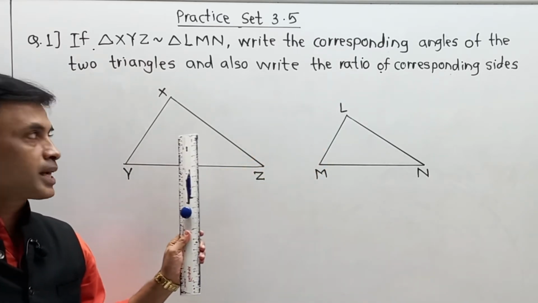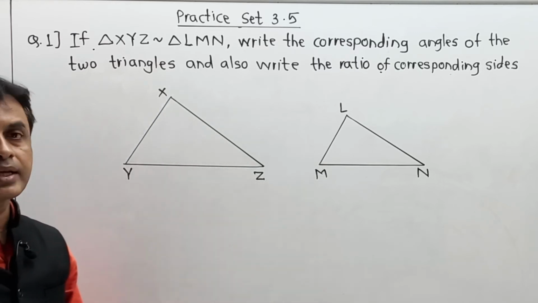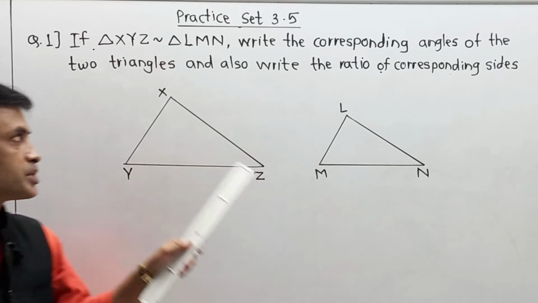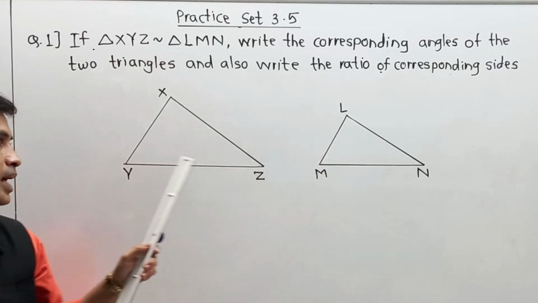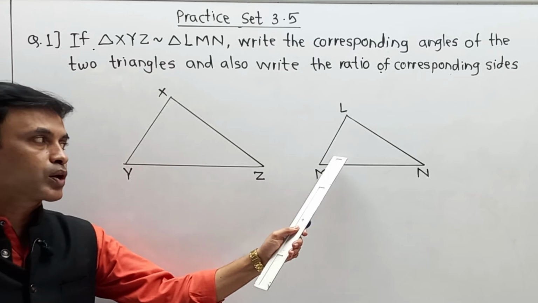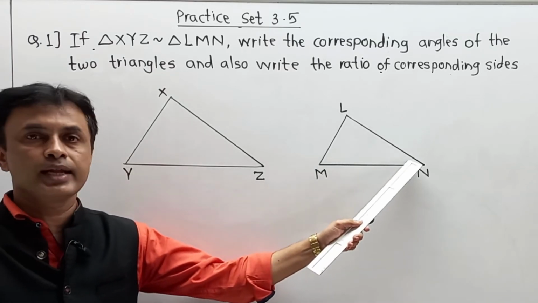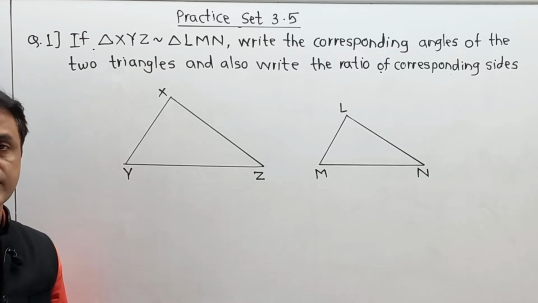So one by one, triangle XYZ is similar to triangle LMN means angle X is congruent to angle L, angle Y is congruent to angle M, and third, angle Z is congruent to angle N. Second, we have to take the ratio of sides.